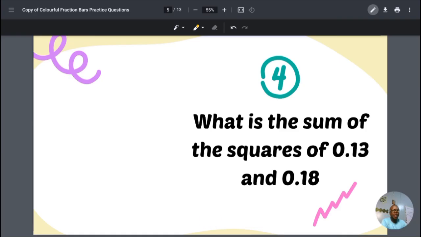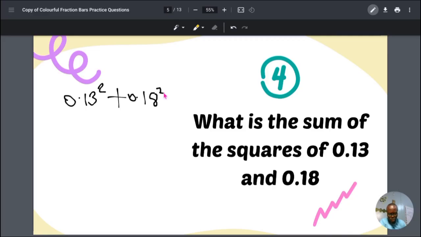Okay, number 4: find the sum of the squares of 0.13 and 0.18. So this is squares. So 0.13 squared, sum, so plus 0.18 squared. So I want you to look at something very quickly.